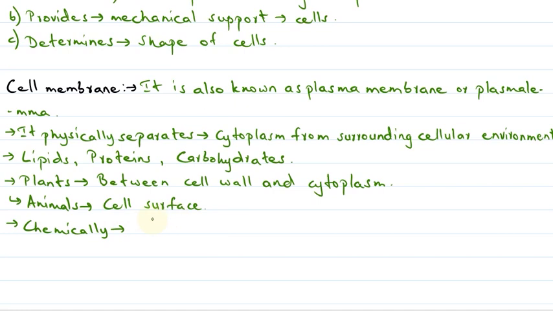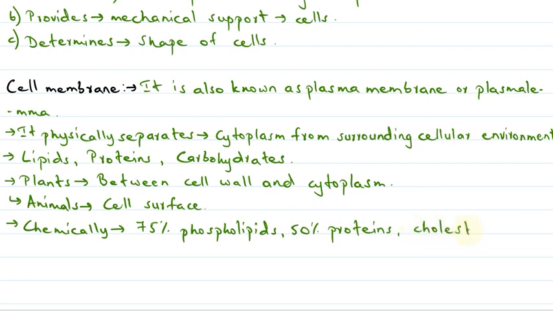It has 75% of phospholipids, then 50% of proteins, and there is cholesterol and there are carbohydrates as well.